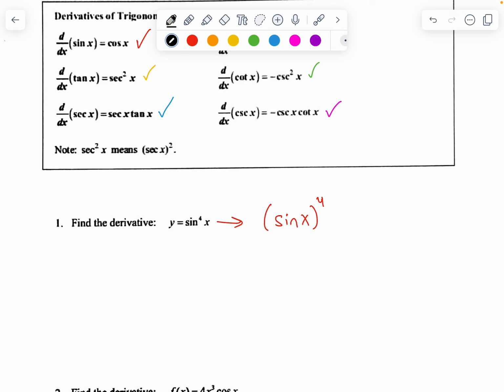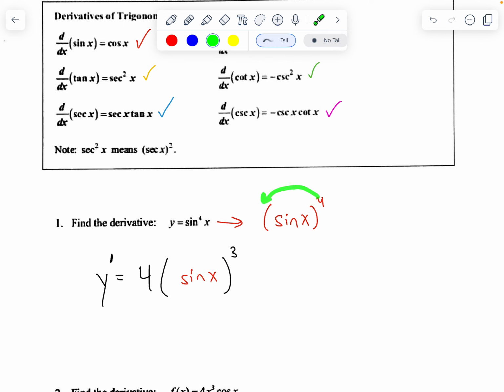So when we take the derivative of this example, it's going to be the derivative of the outer part. So it'll be 4 times the sine of x to the 3rd power, right? Because we multiply in front, subtract 1 from the top. So that's the outer portion. And then we need to take the derivative of the inner part, which will be cosine of x, okay?